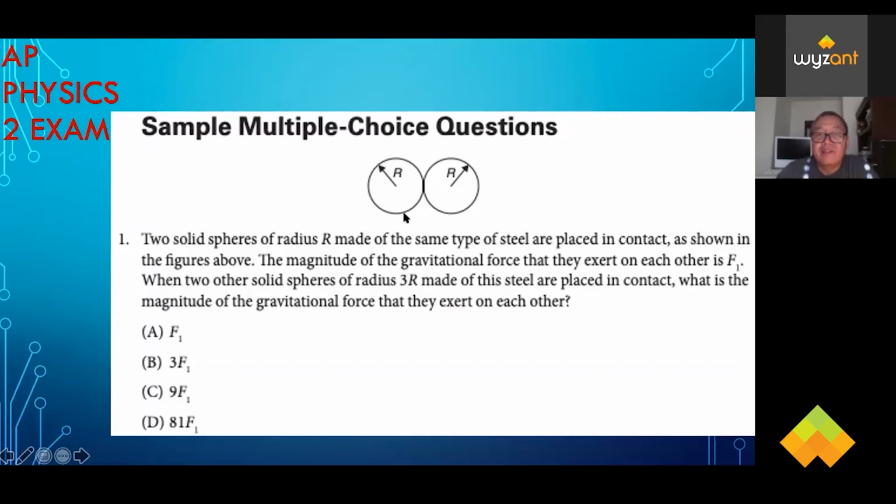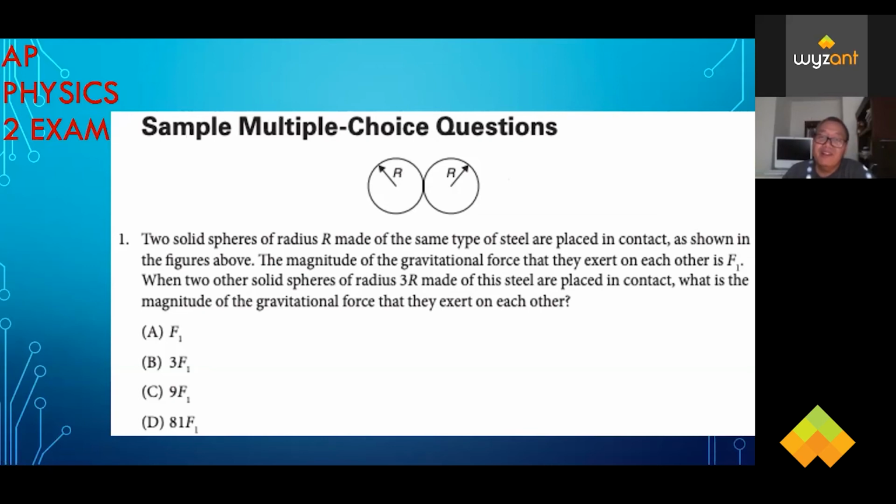Okay, so they give you these two steel balls with the radius r. Suppose the gravitational force they exert on each other is F1. Then they ask you, suppose they change the radius of each ball from r to 3r, what is the gravitational force between those two bigger steel spheres?